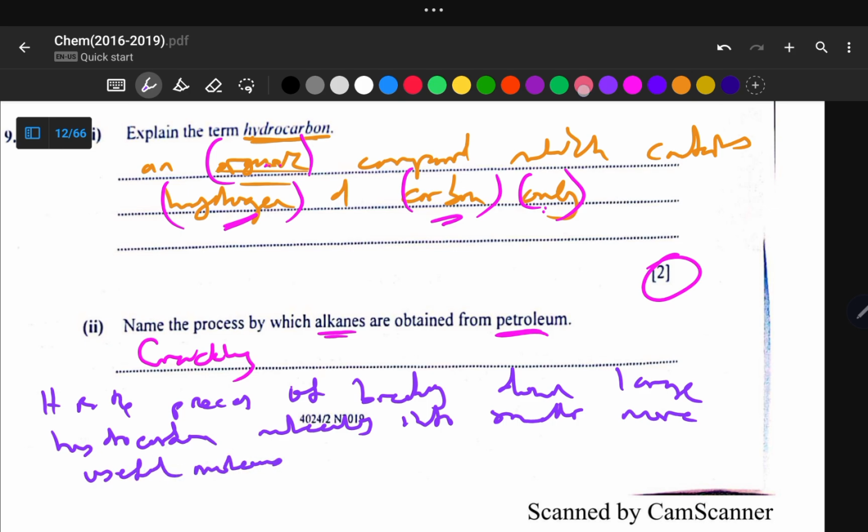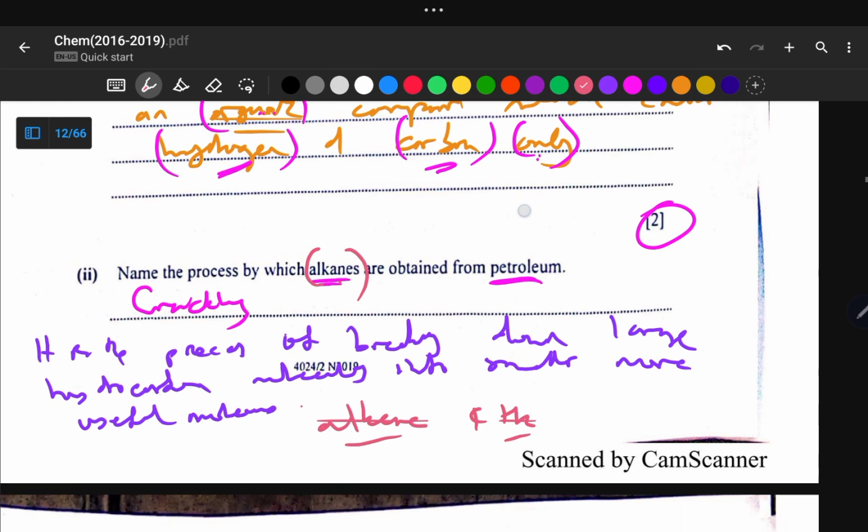So we are simply going to obtain alkenes from this cracking, and also hydrogen. So the main products: we are breaking large molecular alkanes into either alkenes of a lower or smaller molecular size or mass, or alkenes and hydrogen gas.